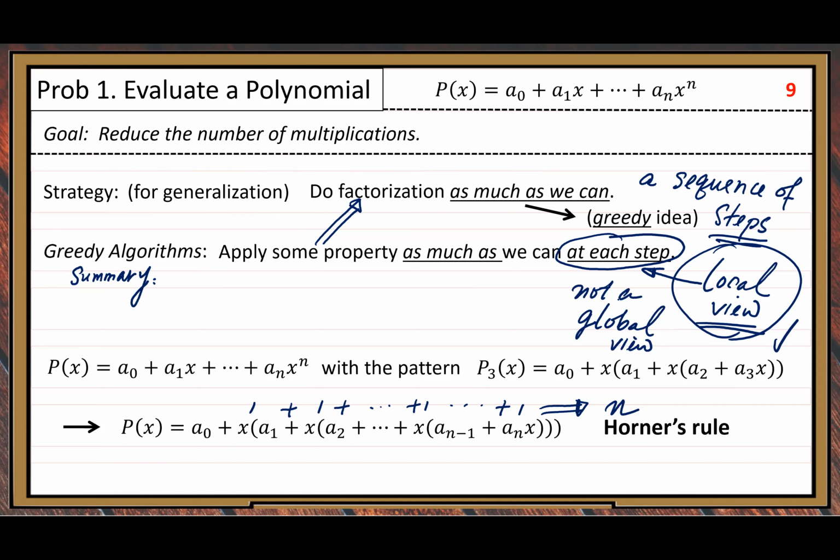So here you can see the greedy strategy: we take a local view instead of a global view.